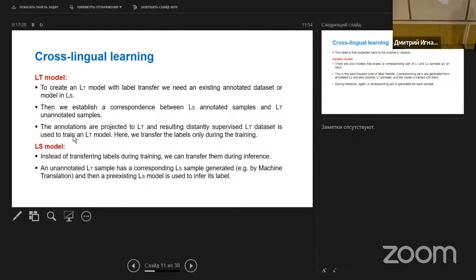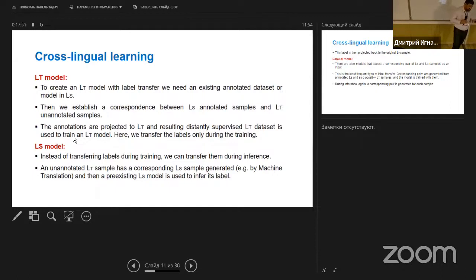Then we need to establish the correspondence between the source language data and the target language data, because the target language data is without annotation.